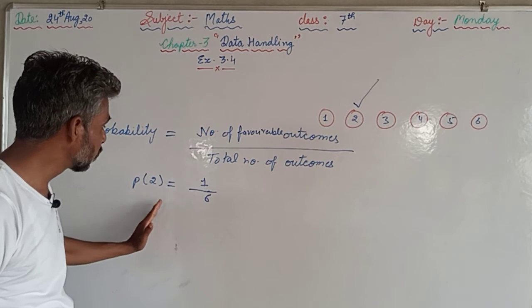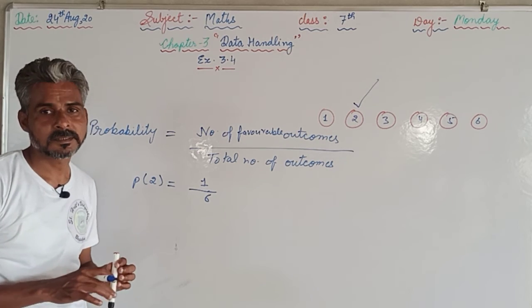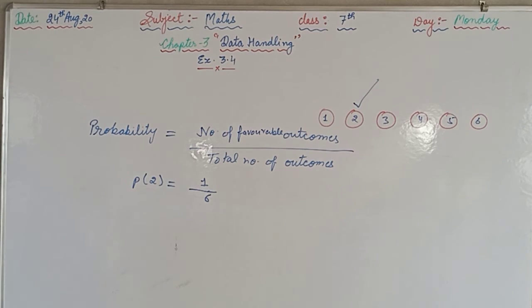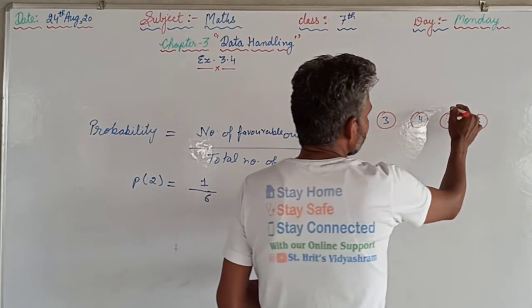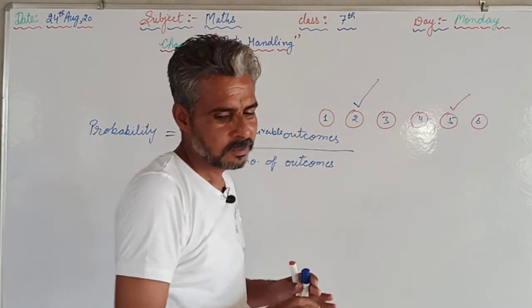The probability of getting 2 will be 1 upon 6, which is less than 1, so it can happen but not certain. Then what is the probability of drawing a marble with number 5? For number 5 also the favorable outcome is 1 only, so 1 upon 6.